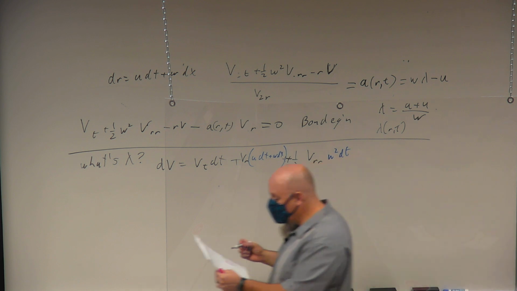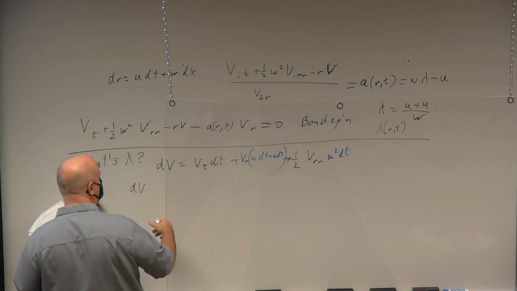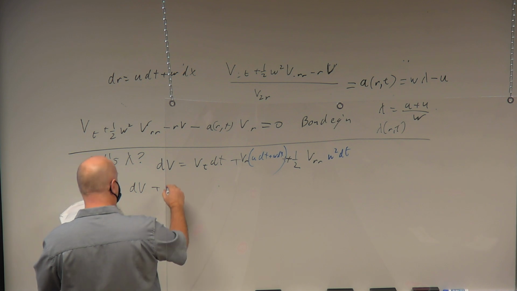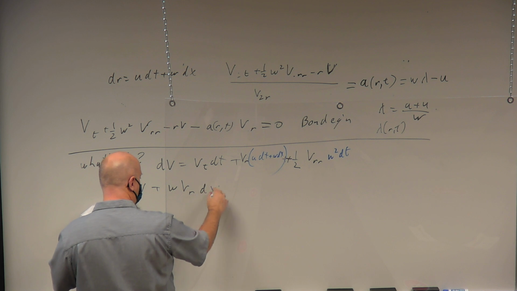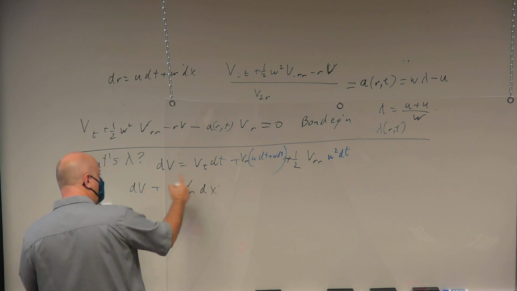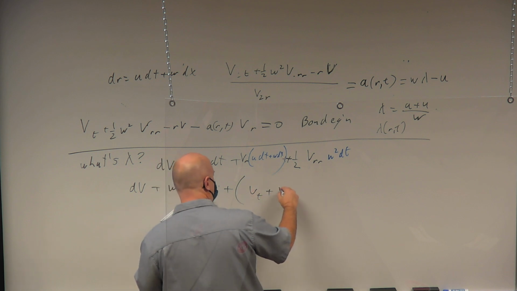If I collect things together, I want to collect the deterministic piece plus the random piece.